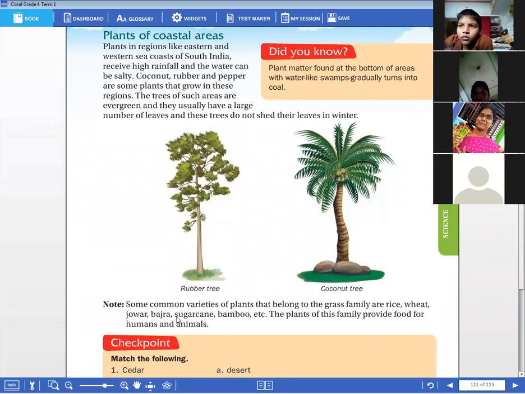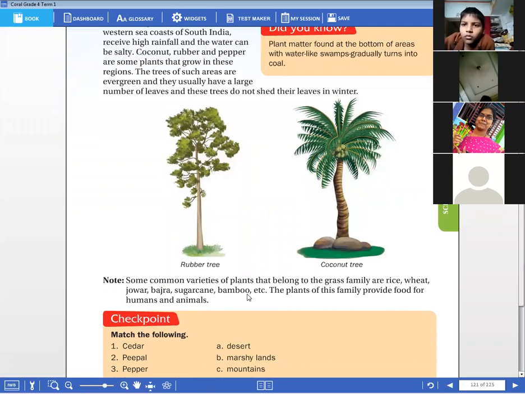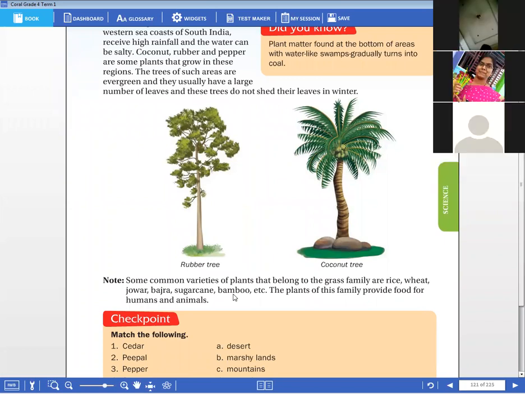Next, let's see the note point, children. Some common varieties of plants that belong to the grass family. Grass family is nothing but, children, from a far distance it just looks like grass. It might be a shorter grass or longer grass. It is related to the shape of the grass and the leaves of the grass.